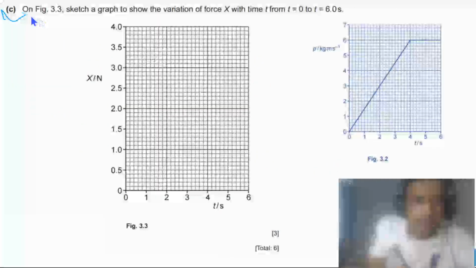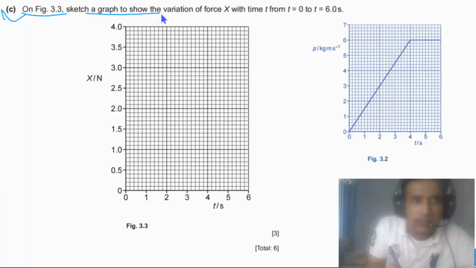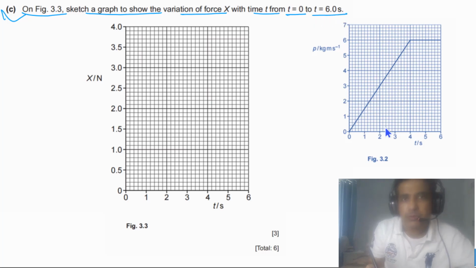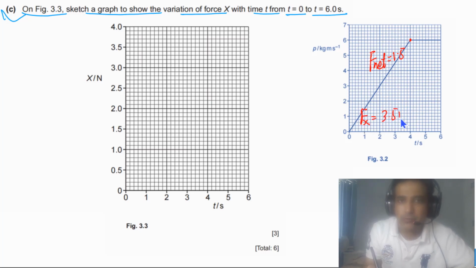Part C says, on figure 3.3, sketch a graph to show the variation of force X with time t from t equal to 0 to t equal to 6.0 seconds. We have already discussed the value of the net force F net, 1.5, and the value of Fx between 0 and 4 seconds is 3.5 newtons, because 1.5 plus 2.